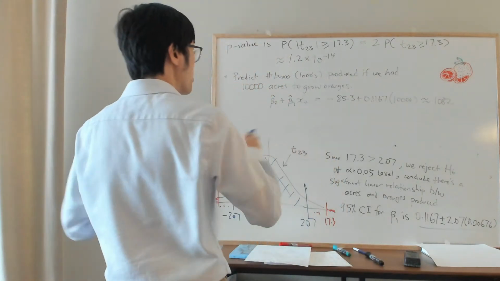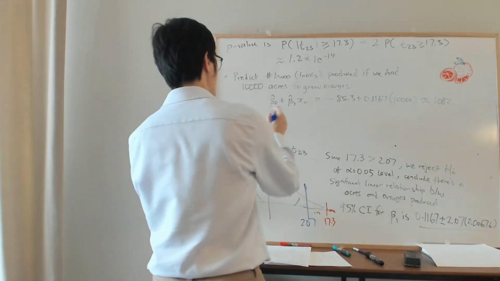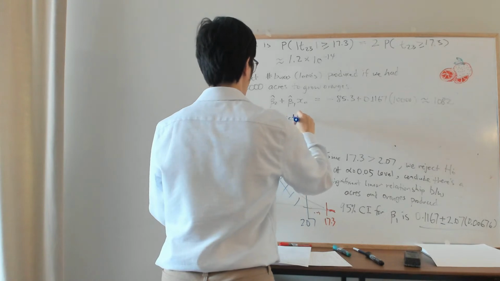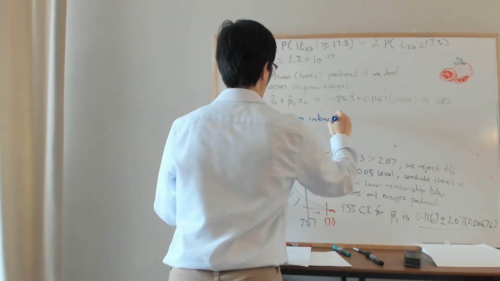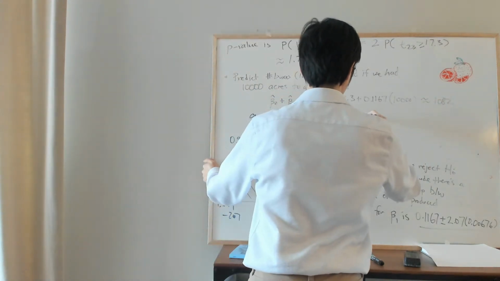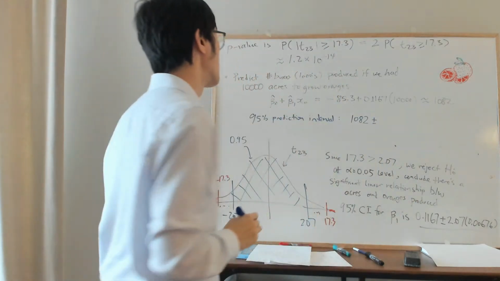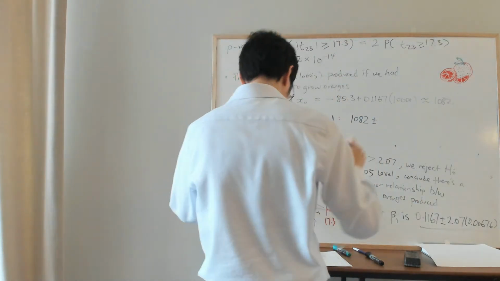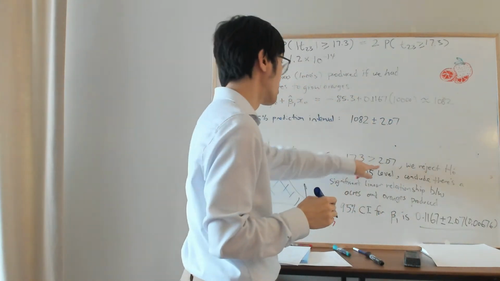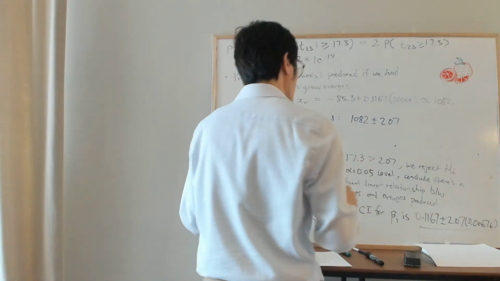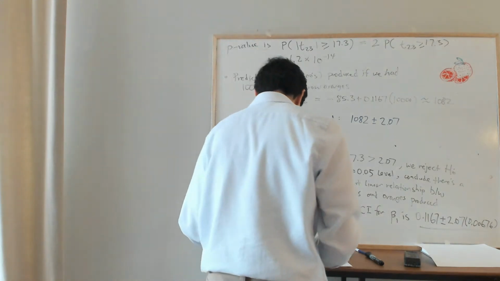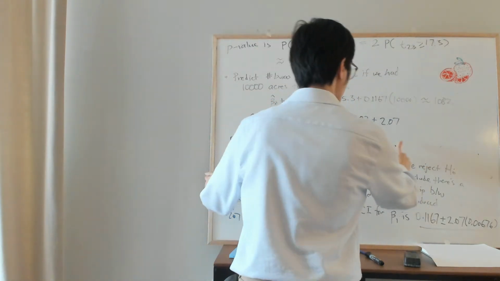And so finally, let's make a 95% prediction interval. This is the estimate, 1082, plus or minus the bounds. To get the bounds, we have the value from the t distribution, the same c, 2.07. Then I need to plug in the estimate of sigma, so I need the square root of that number.